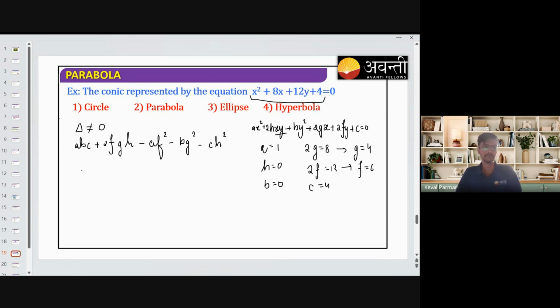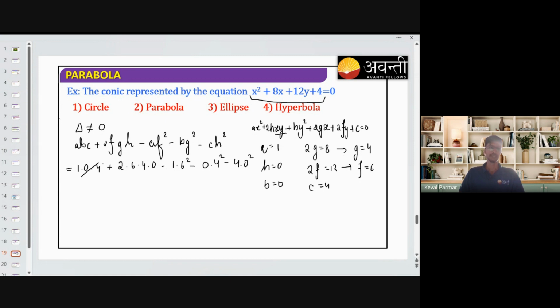So let us input these values here, A, B, C. So 1 into 0 into 4 plus 2 times F, 6 into 4 into 0, minus A into 6 square, minus B into 4 square, minus C into h square.